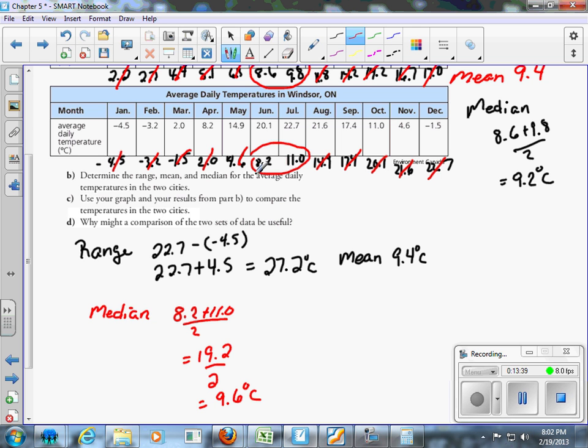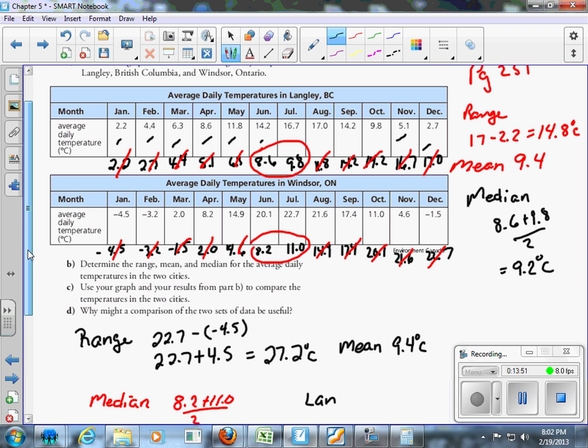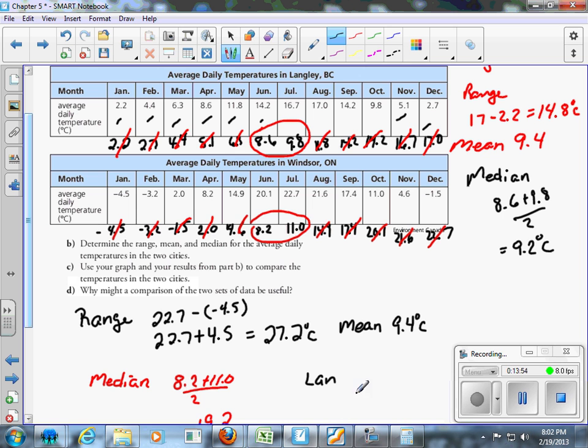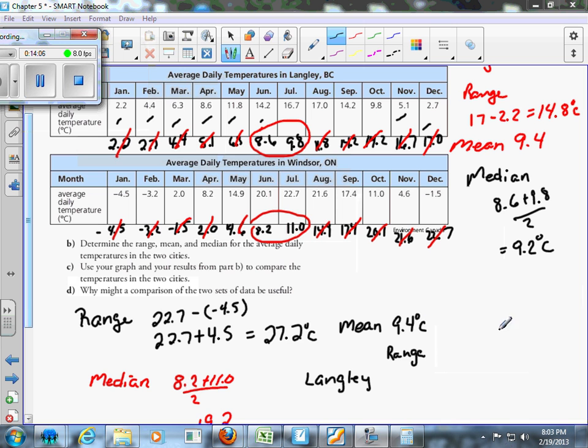Now we'll write these out so we make a little more sense of these together. So we have Langley, we looked at the range, the mean, and the median.